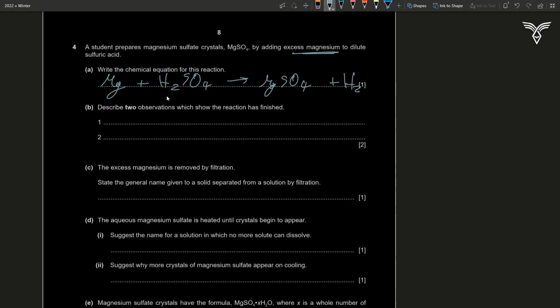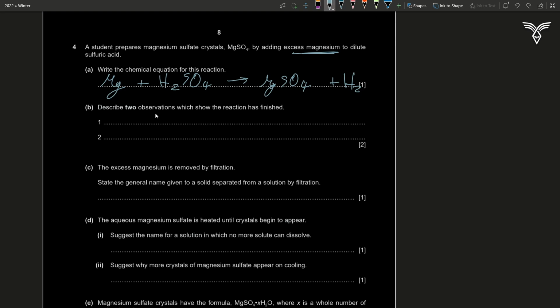Is this balanced? نبدأ بالهيدروجين. عندنا 2 هيدروجينز على الشمال 2 هيدروجينز على اليمين. حلو. 1 مغنيسيوم على الشمال 1 مغنيسيوم على اليمين. 1 SO4 على الشمال 1 SO4 على اليمين. ف this is a correct chemical equation which is balanced.